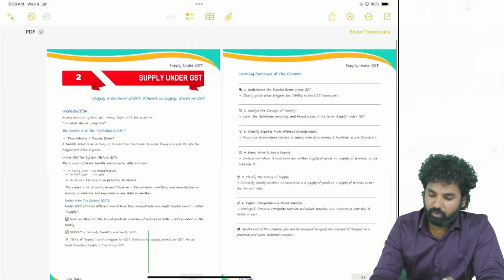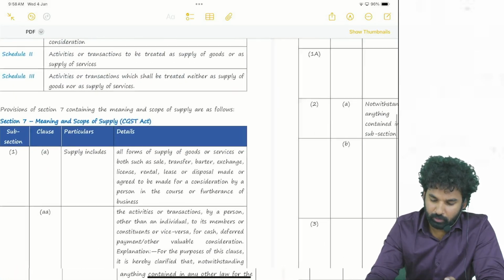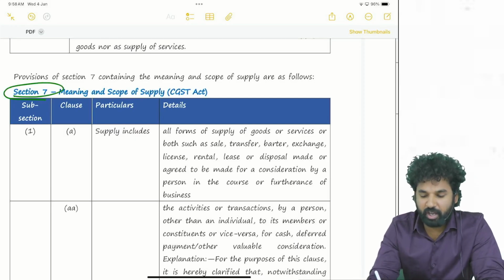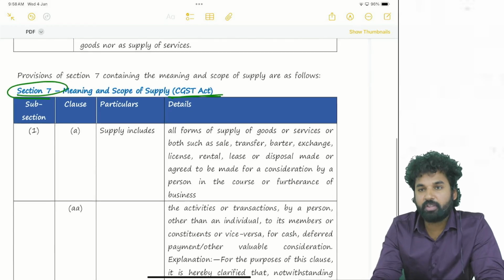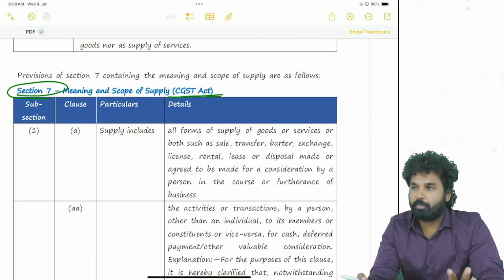Okay. So first of all, we will have section 7 of the CGST Act. Section 7 of the CGST Act defines the meaning of supply.